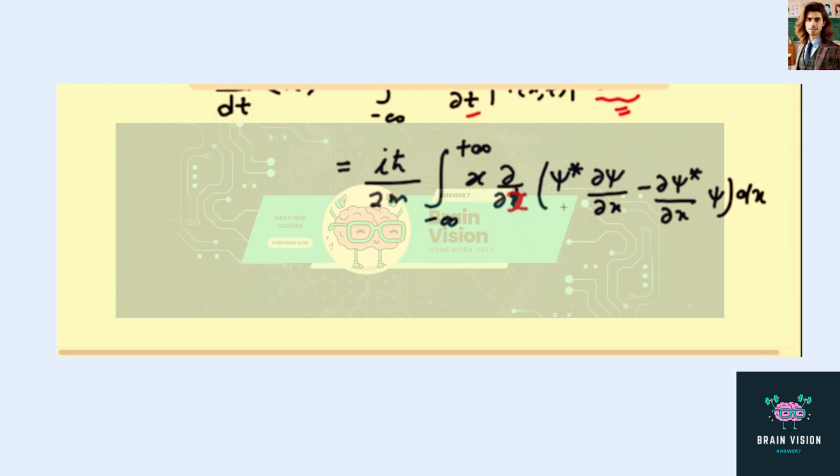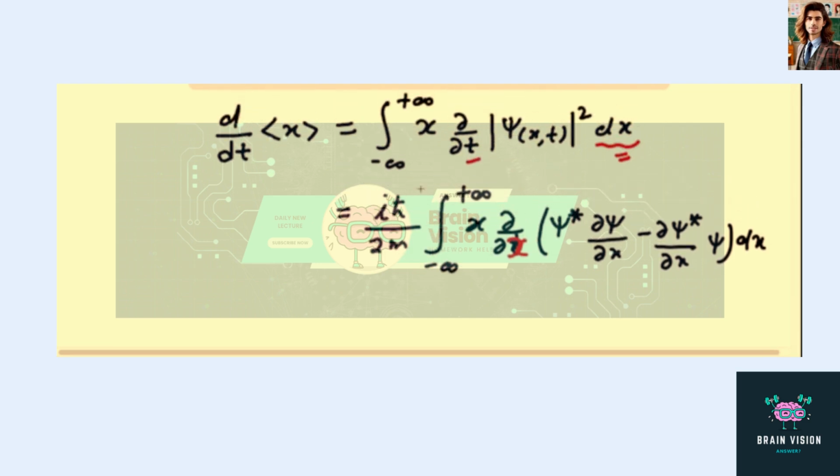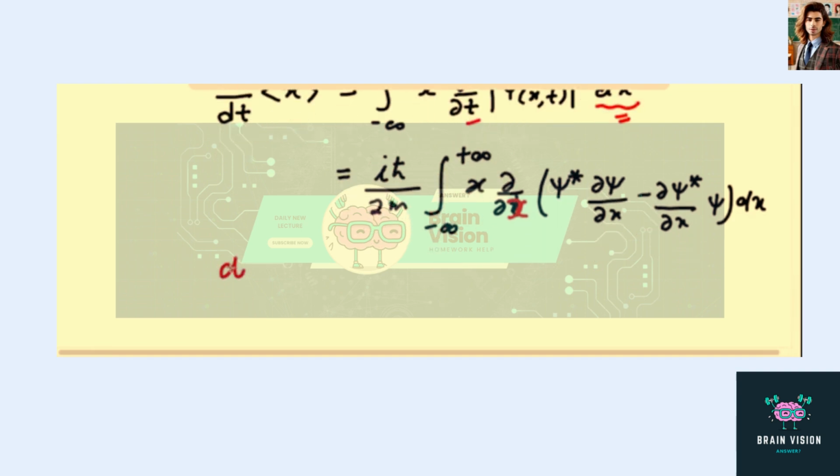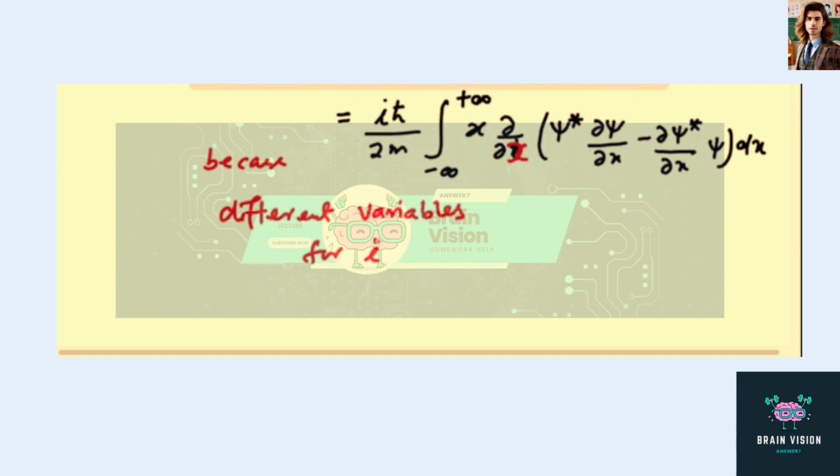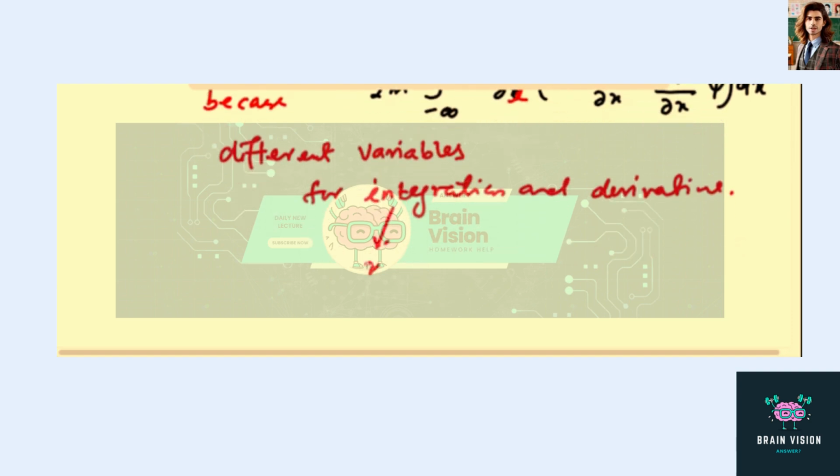This is the reason why we cannot integrate this by parts: the variable for integration and the derivative are different. Here the integration is with respect to x and the derivative is with respect to t, so they are different variables.